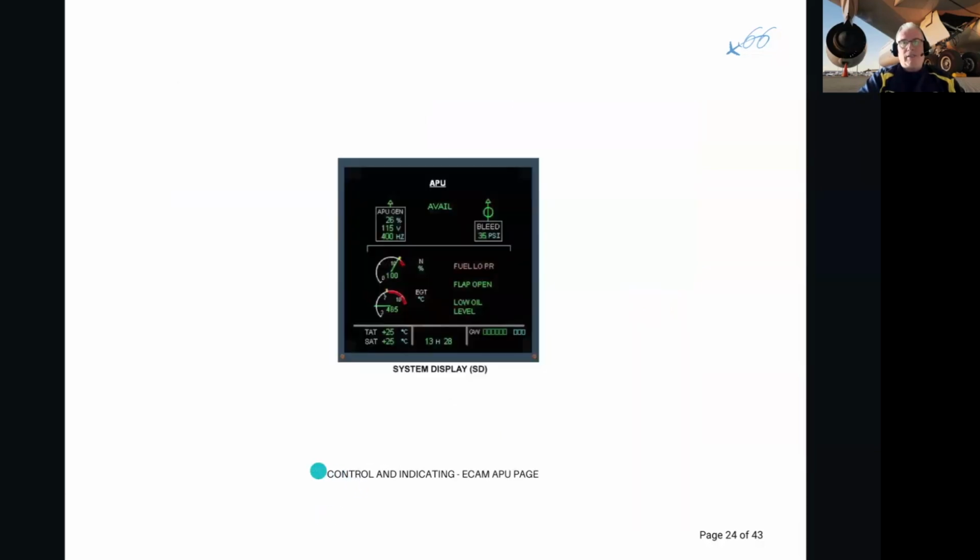The APU has a specific dedicated page. It's pretty boring and quiet and lame when the APU is shut off. But when the APU is up and running, it usually shows the temperature of the engine. It shows the rotation, the speed of the engine.